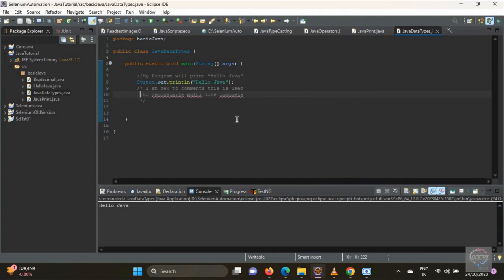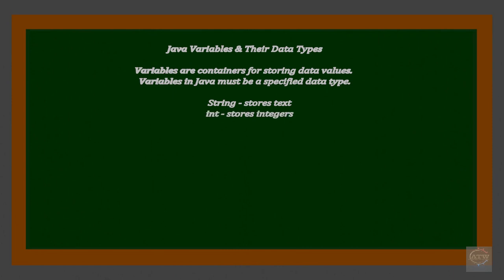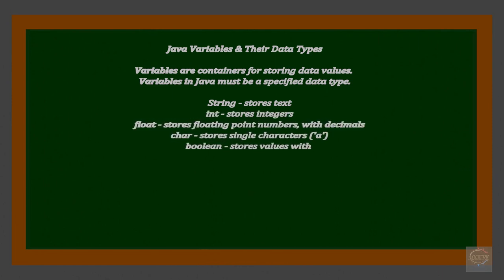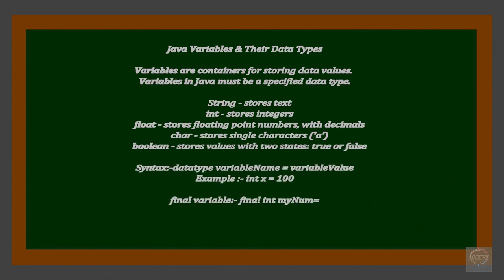Let's move on to Java variables. In this topic, we will be seeing Java variables, their data types and identifiers. So what are variables? Variables are containers for storing data values.